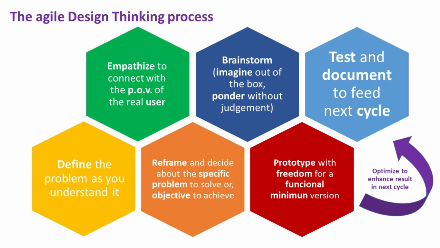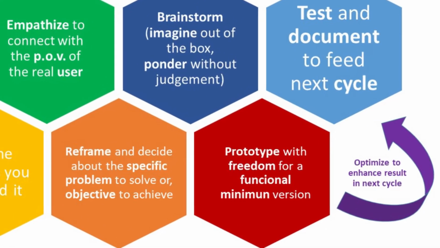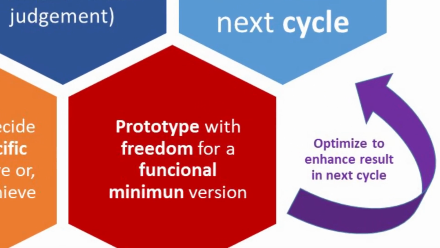So you expose it to the users and you get the feedback to go into a second cycle to optimize it, enhance it, get it better, and get better results for your business. So let's summarize the design thinking steps, and I like to call them the agile design thinking steps or process, because in the business context, there is always an opportunity to enhance the results via the optimization of the previous implementations.